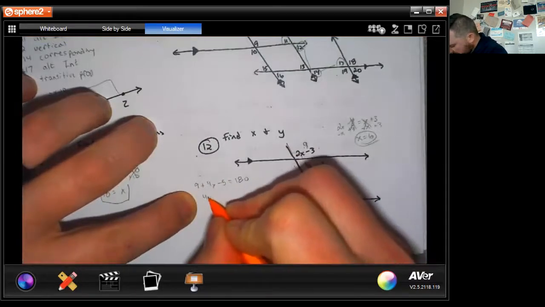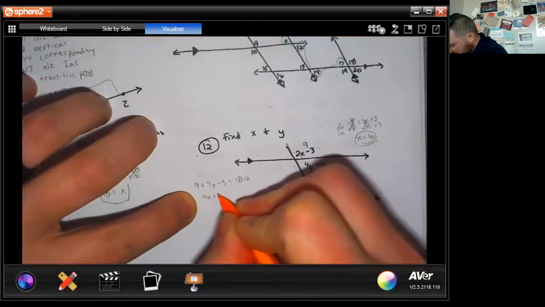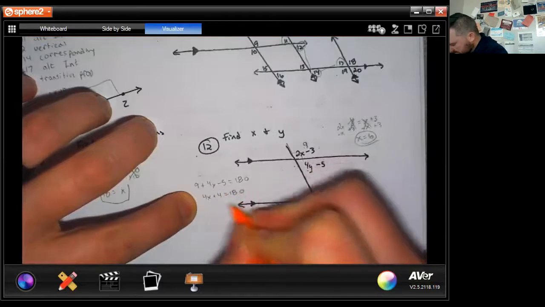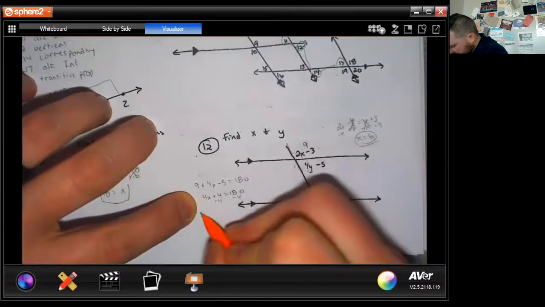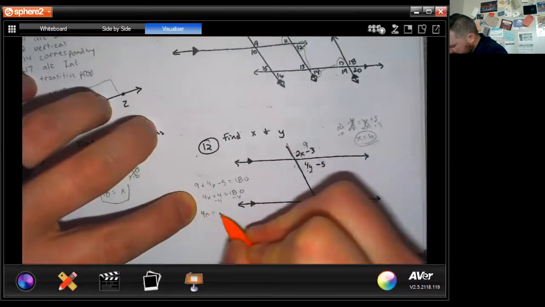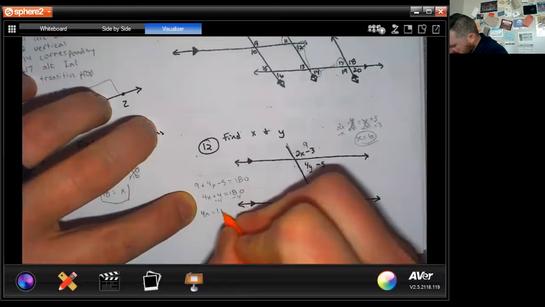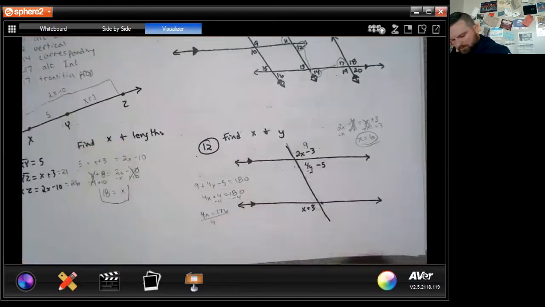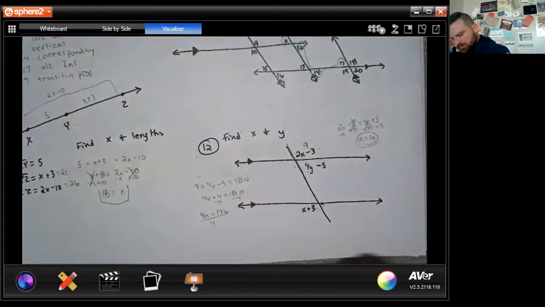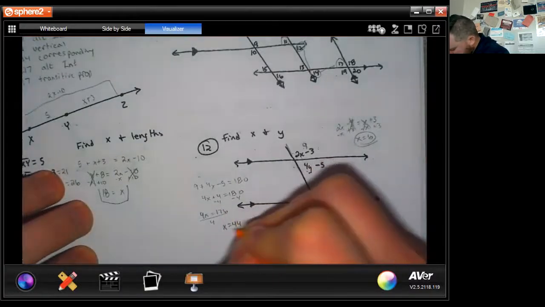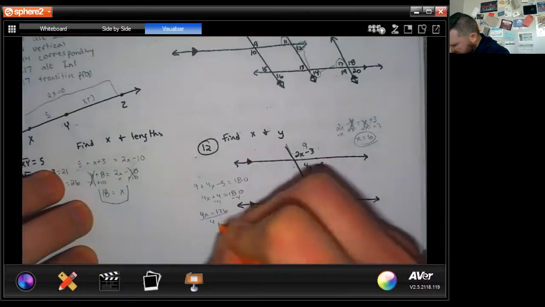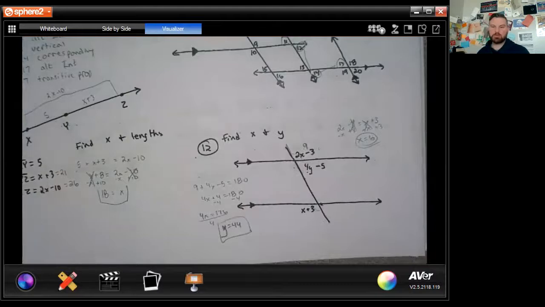So 4y plus 4 equals 180. Subtract 4. 4y equals 176. And divide everything by 4. 176 divided by 4 is 44. Oh, and that is y, not x. Y is 44. X was 6. Okay, so there's that part.